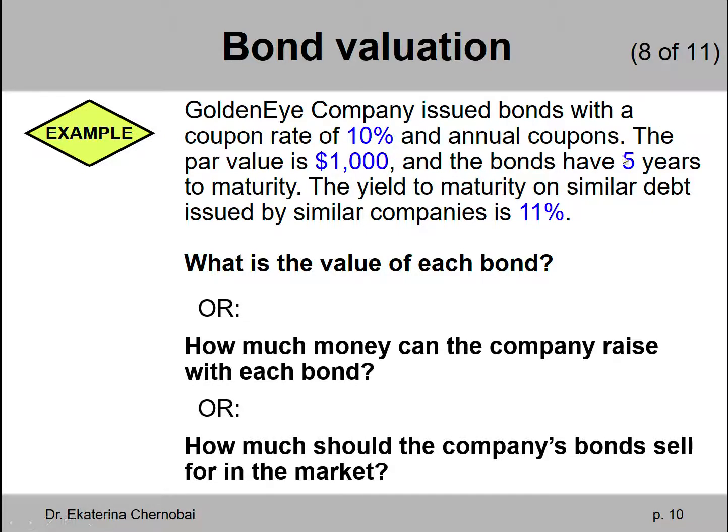This could be completely omitted, in which case you would assume that the face value or the par value is $1,000. And another important thing that I haven't mentioned yet is what's important for bond valuation is how many years are left until maturity. For example, maybe these bonds were sold originally 7 years ago, right?